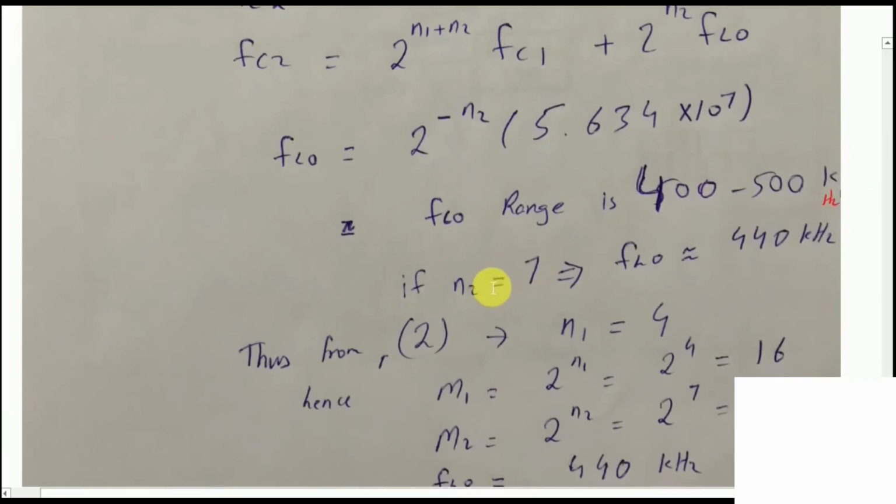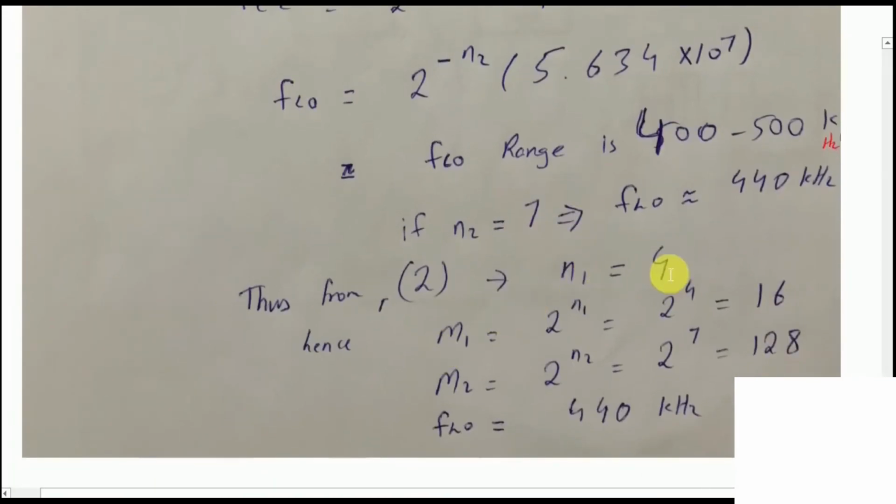So simply if we set n2 equal to 7, the local oscillator is actually around 440 kilohertz, which is within this permissible range, right? So you would have to test 6, 7, 8, 9, right? Eventually you will reach this point that would identify the local oscillator range, which is within the permissible limit. So once you reach that value, that is n2 equal to 7, you can get n1 equal to 4.